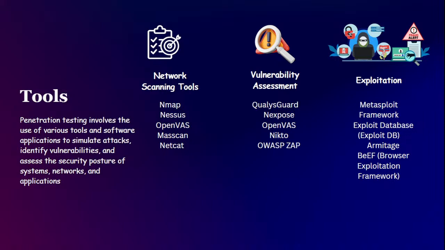And we have exploitation, which is nothing but how you try to gain access on the system. For exploitation, you have the Metasploit framework and the Exploit Database, ExploitDB, which is officially provided by Offensive Security, that is Kali itself. And for browser exploitation, we have BeEF.